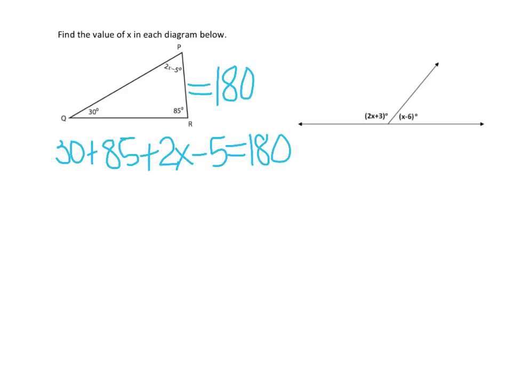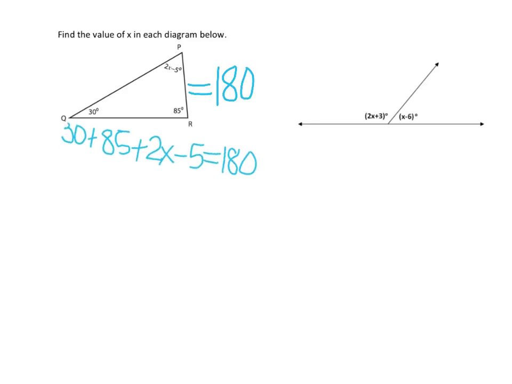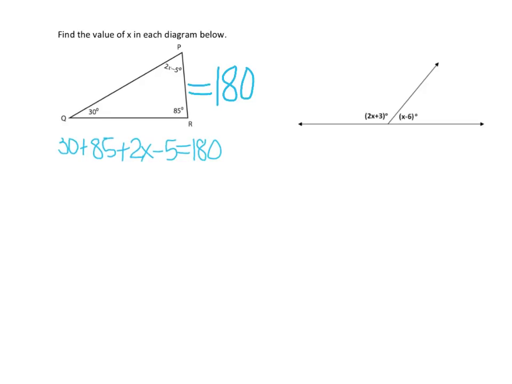And I'm going to shrink that so I have some space to keep going. Before that, I want to put some of these things together that are the same. So when you look, the 30 is a regular number, 85 is a regular number, 2x has an x, so no, but then subtract 5, that's a regular number. I'm going to circle these, and then I'm going to put them together.